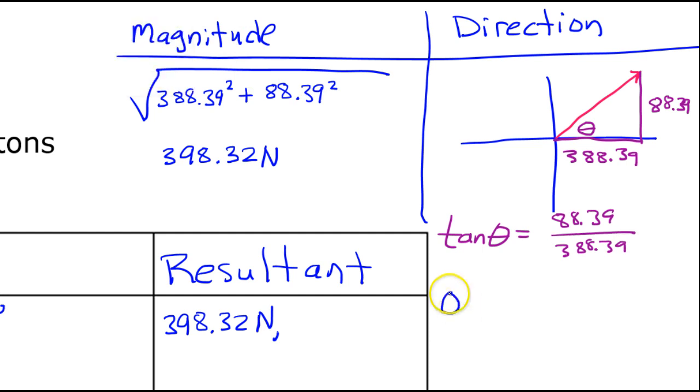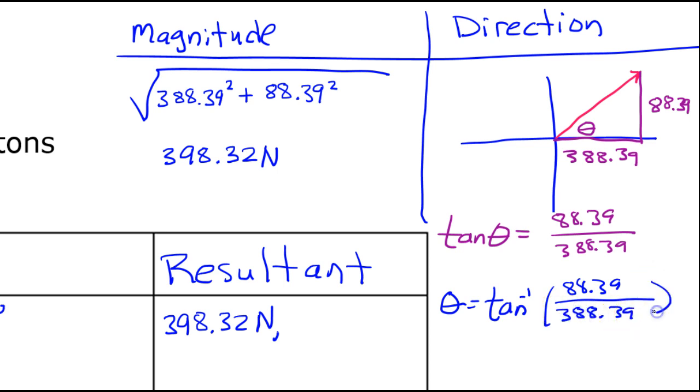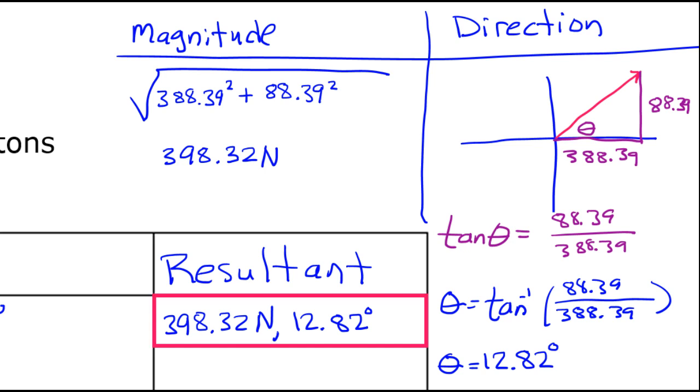So that means theta will equal the inverse tangent of 88.39 over 388.39. Calculator. That is 12.82 degrees. 12.82 degrees. So that is it. That is the magnitude and direction of the resultant force.